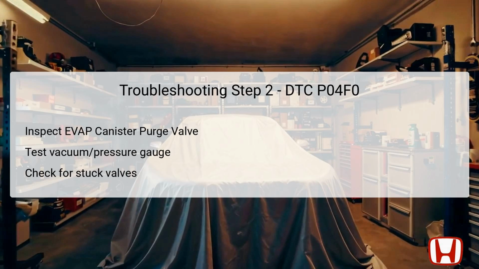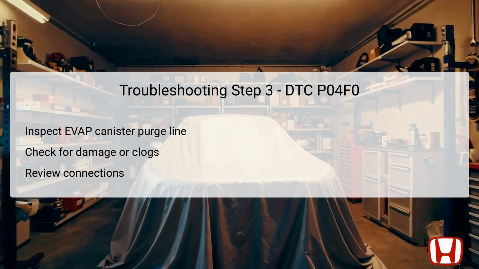Close inspection of the valve's operation and responsiveness is crucial, as it dictates how effectively fuel vapors are regulated. Any irregularities in this inspection can signify a faulty valve requiring replacement. This methodical evaluation provides clarity on the valve's performance status, enabling the technician to proceed with confidence.